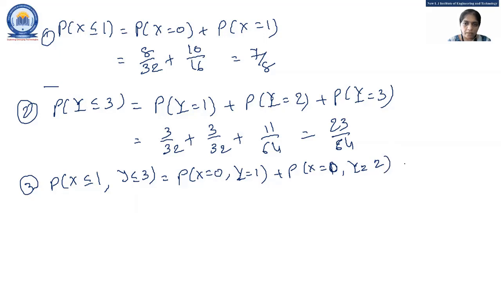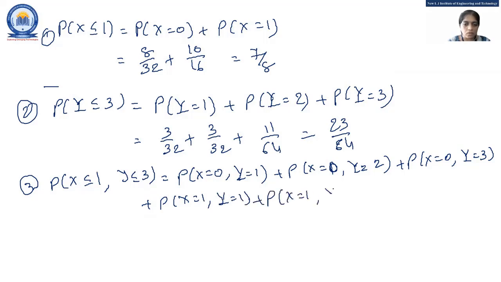Then x0, y3. Got it? Similarly, plus the probability of x1, y1, the probability of x1, y2, and x1, y3. So we have a total of 6 values here.